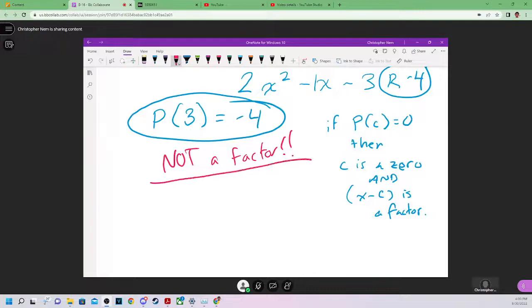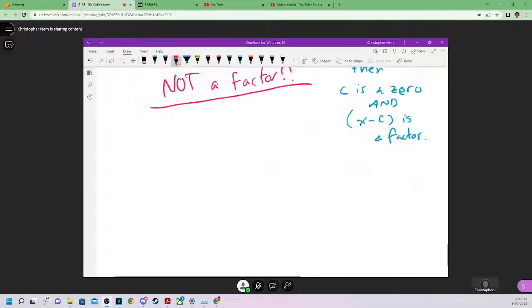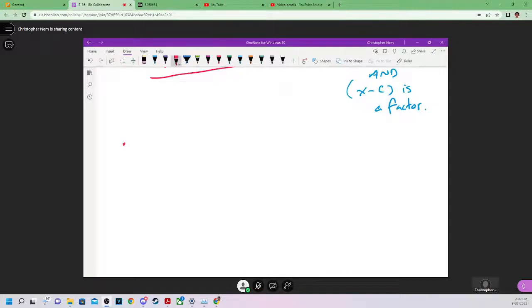So that's how you do synthetic division. Now we relate to some powerful theorems that I've already kind of foreshadowed. These are very important theorems you need to know.